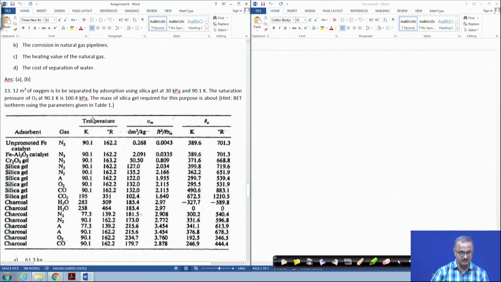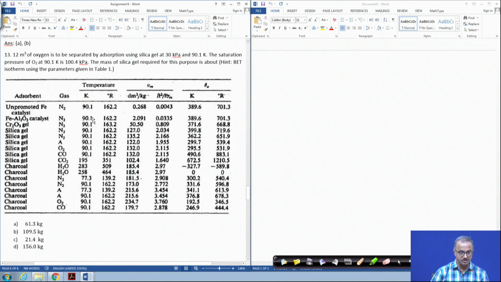Again I am skipping the other problems. I am going directly to another problem that is based on the adsorption capacity. You have been given the BET isotherm, and you have been asked that 12 cubic meter of oxygen is to be separated by adsorption using silica gel at 30 kilopascal pressure and 90.1 Kelvin.